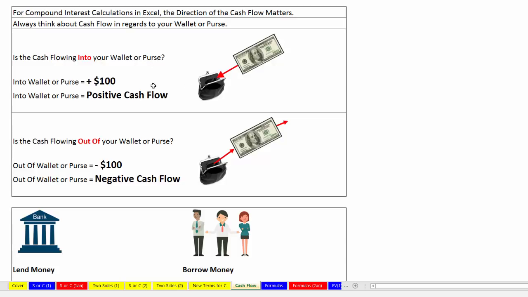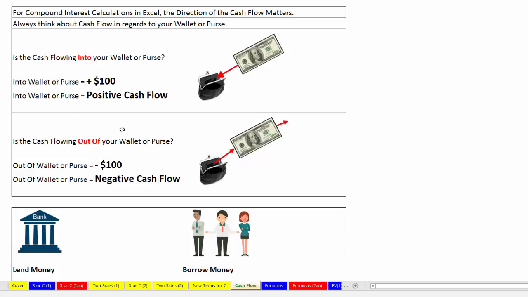Is the cash flowing into your wallet or purse? Well, if it is, that means we're going to have to record it in our Excel functions as a plus. So if we have borrowed a loan, that means we get $100 from the bank, so it's coming into our wallet or purse. We'd have to record it as plus 100. Into the wallet or purse, positive cash flow.